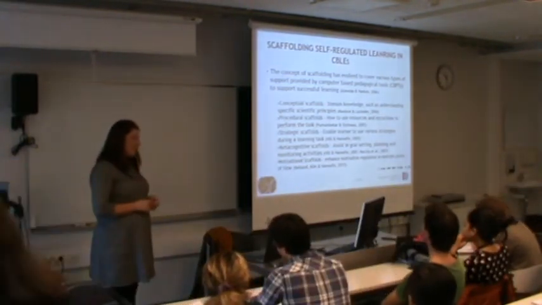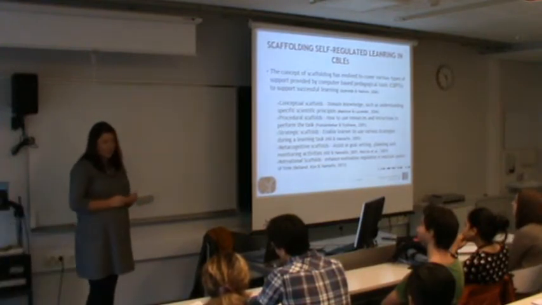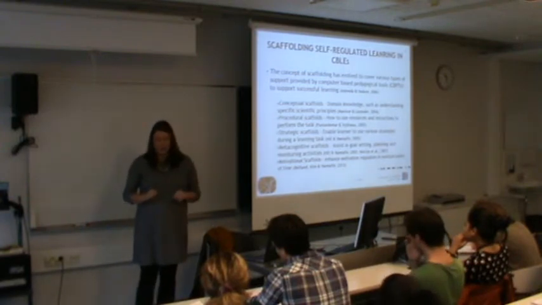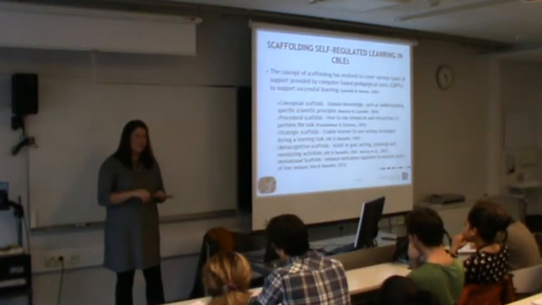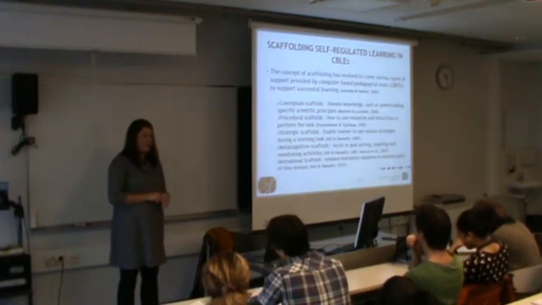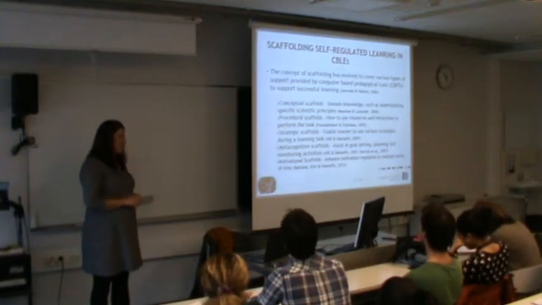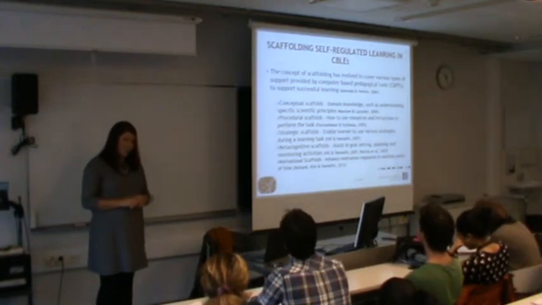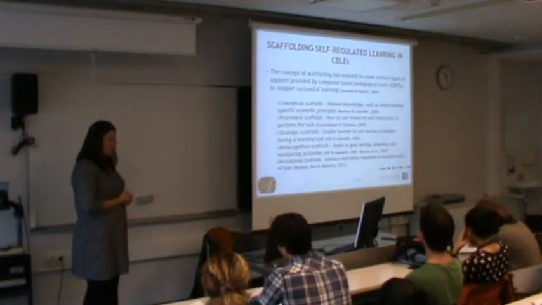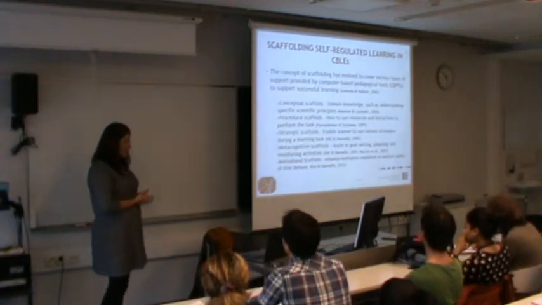So there is this concept of scaffolding, which originally means that you support learning, and when the learner reaches the appropriate level of the new skill, then the scaffolds are faded away. But that's not typically the case when using technology, because it's very difficult to determine when, for example, someone has mastered the new skill.